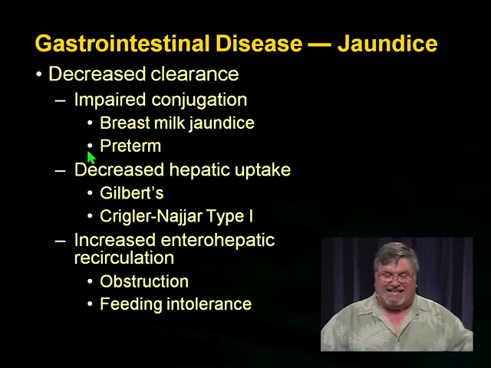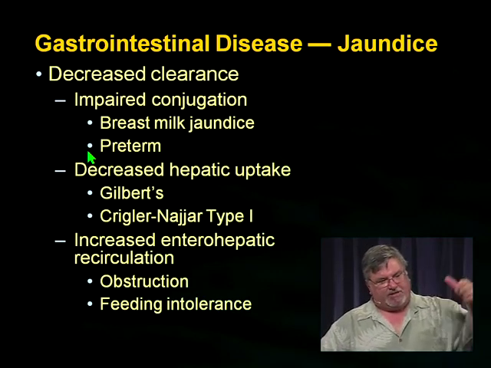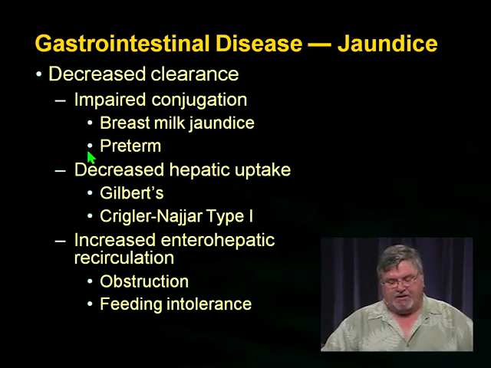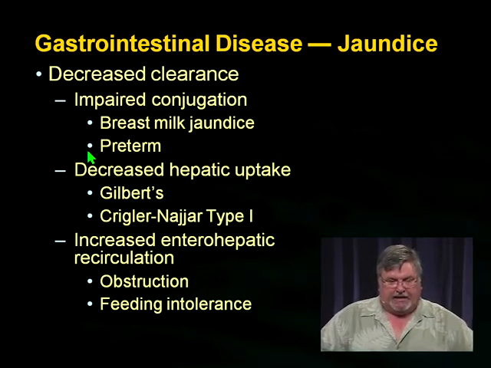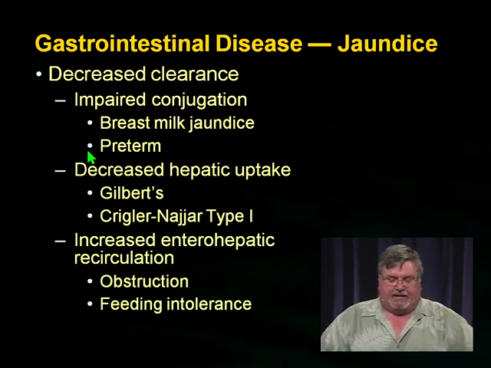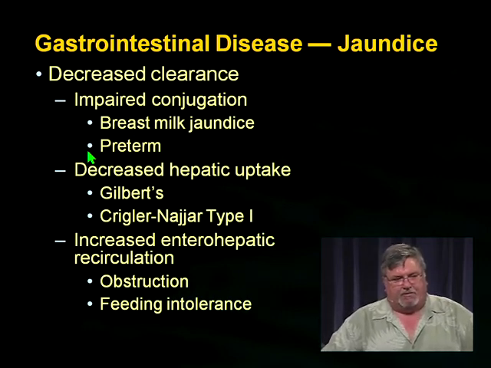What about the decreased clearance side? So increased production, we just talked about, decreased clearance. Impaired conjugation, so breast milk jaundice. Breast milk has a steroid compound that directly influences the ability of the liver to be able to conjugate bilirubin.